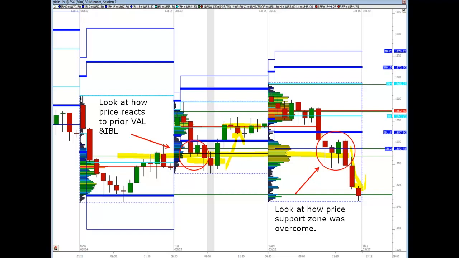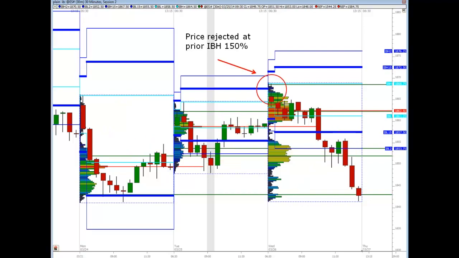There are a number of things that I'll point out to you here why a long would not have been a prudent entry at this point, and that comes through experience and through understanding the dynamics of the market, and also using a couple of additional tools on our charts, which we will talk about in just a couple of minutes.